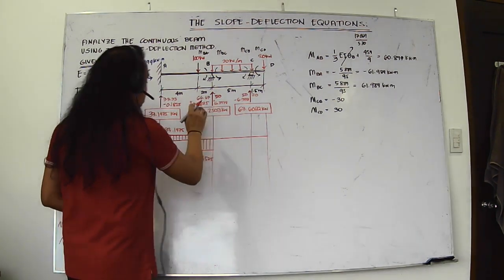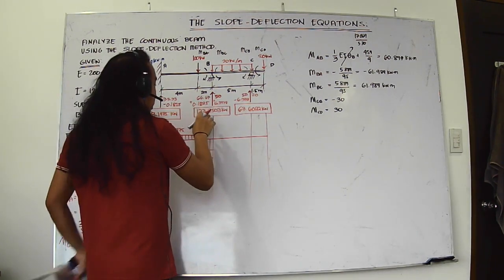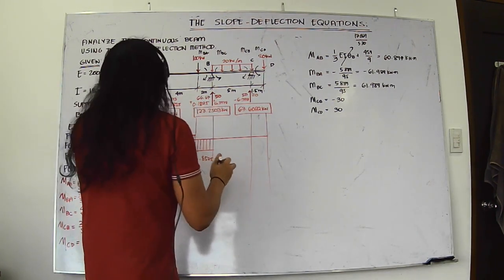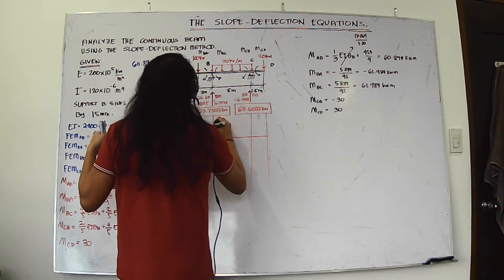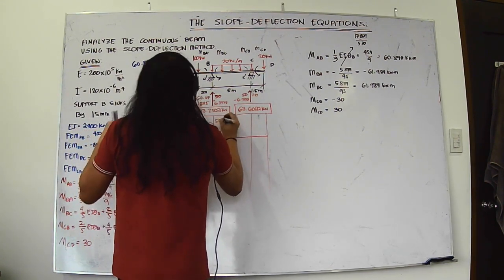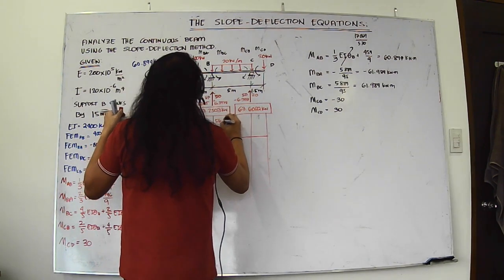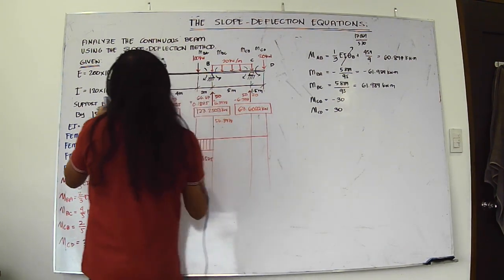Then plus 123.2503, that should be equal to 56.3978. Okay?